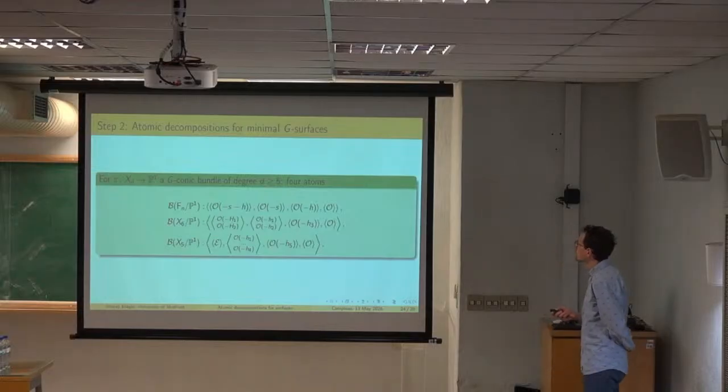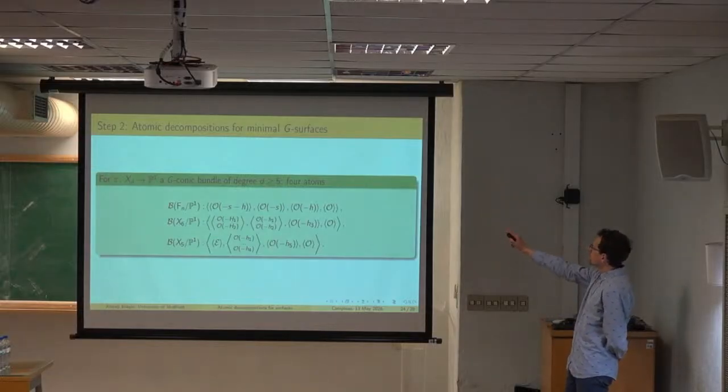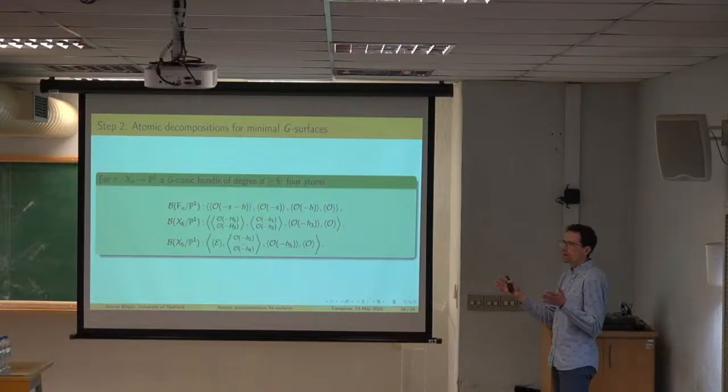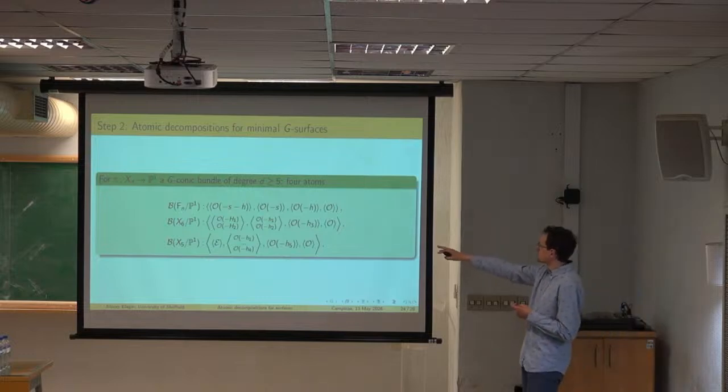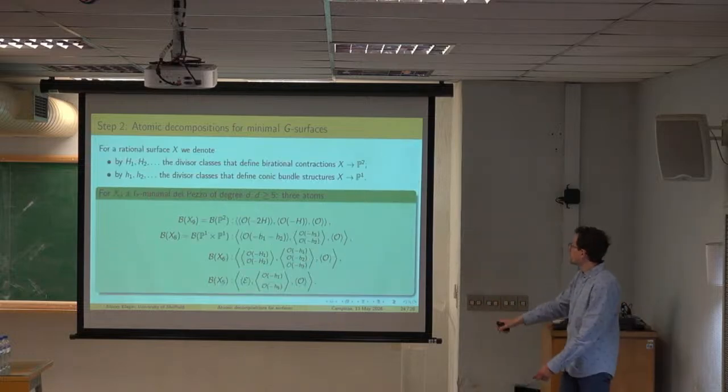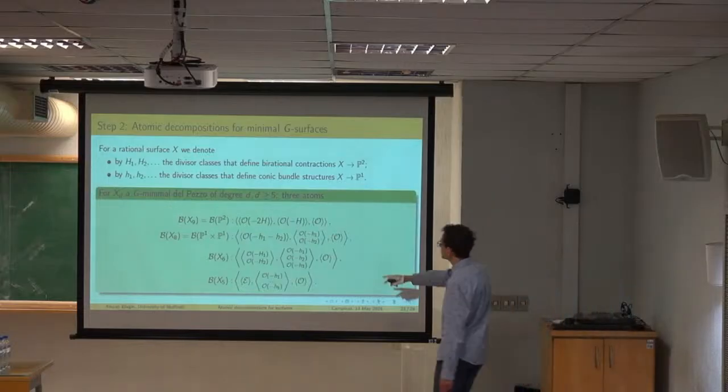Finally, if I have a conic bundle of large degree over P1, any such conic bundle is either a Hirzebruch surface, where I just take a full exceptional collection of line bundles, or it is a Del Pezzo surface of degree 5 or 6, and in this case I take this decomposition.